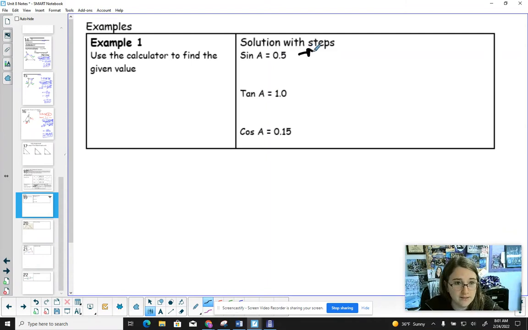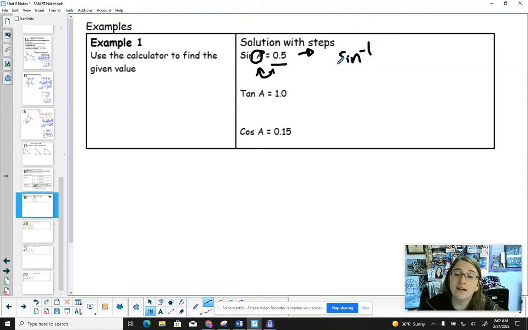So I'm going to rewrite this. What happens is the angle and the ratio, typically a fraction, but we know 0.5 can be a fraction, right? We know 0.5 is 1/2. They will switch places. This is what it means to invert. Because they're switching places, we say sine -1.